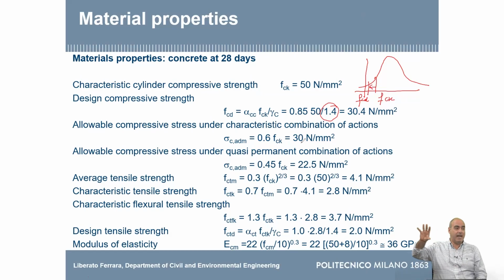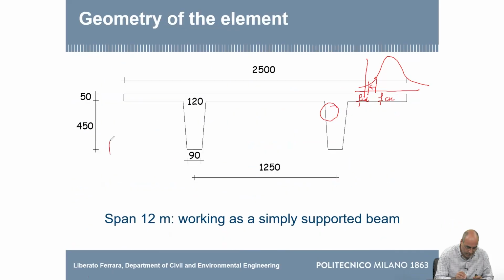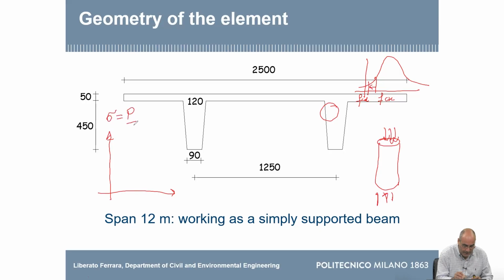Okay, so we have the design strength, but this we use for ultimate limit states. In serviceability limit states, we accept that the material is linear elastic. And in the codes, we have two limits for serviceability limit states. You know, if you make a test on a concrete cylinder and you plot here the nominal stress, which is the applied load divided by the cross-sectional area.